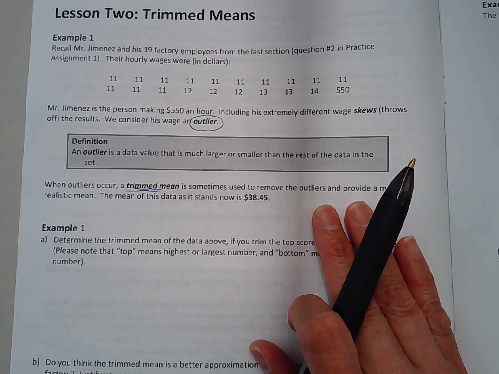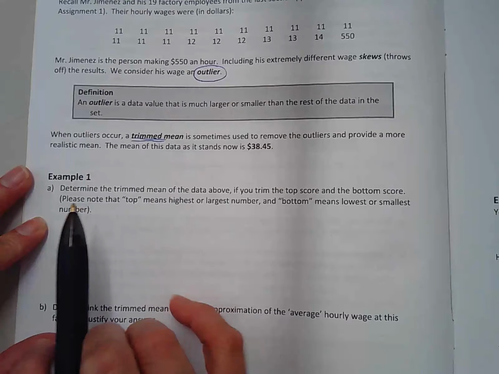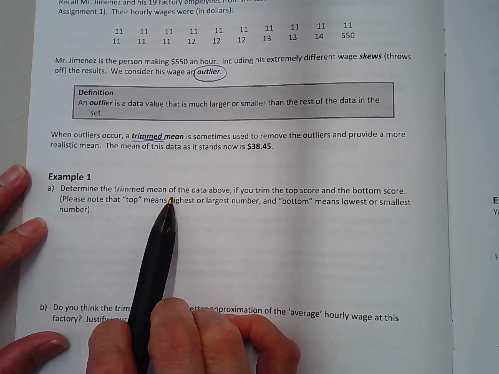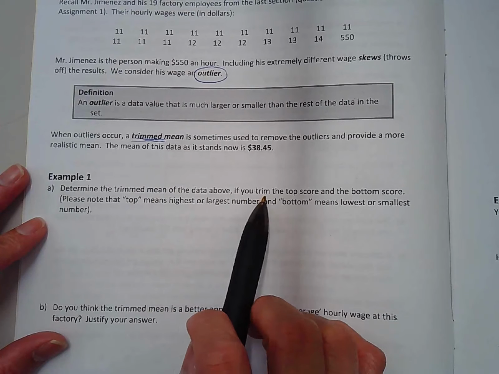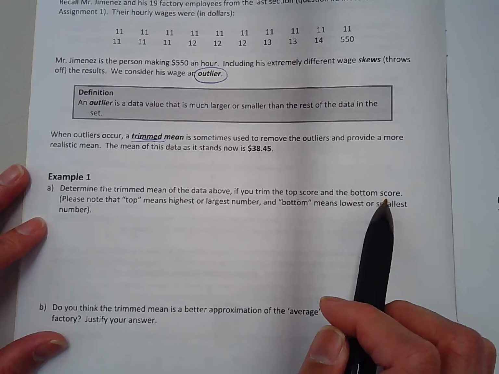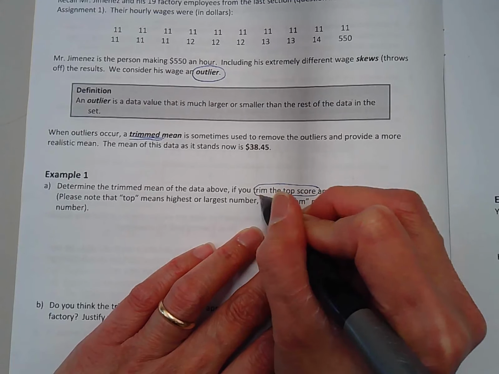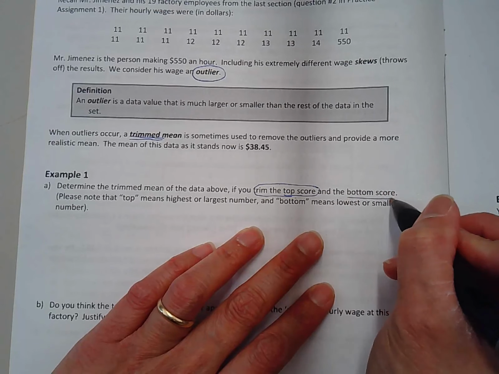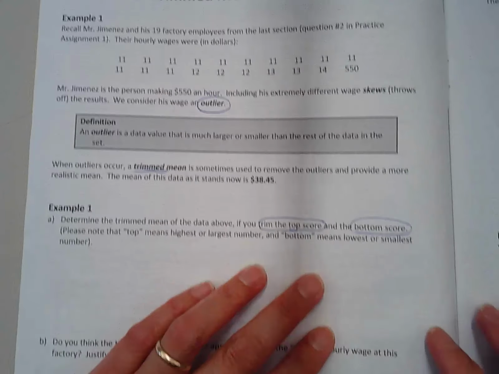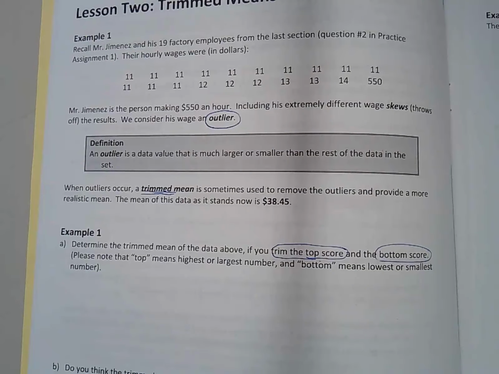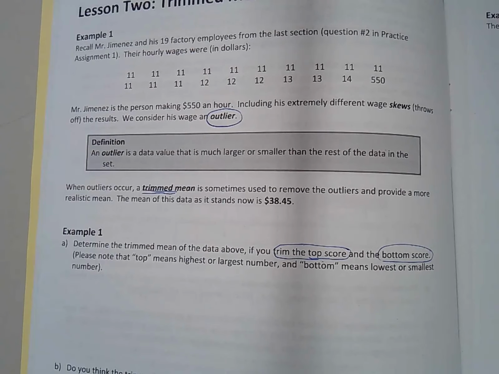towards what's normal. So for example here, determine the trimmed mean of the data above if you trim the top and bottom score. So here we're going to trim the top and also trim the bottom. Why are we doing top and bottom? We want to make sure that we have an even trim, right?